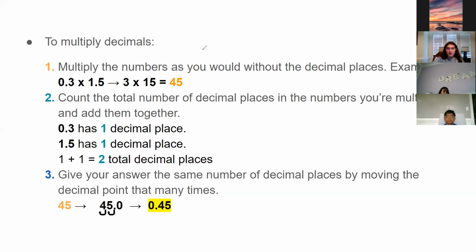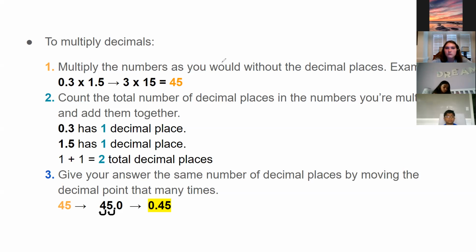To multiply decimals, okay. Multiply the numbers. How do you multiply decimals? So this one may be a little difficult. Adding decimals is easy, but multiplying decimals, I think I'll try.